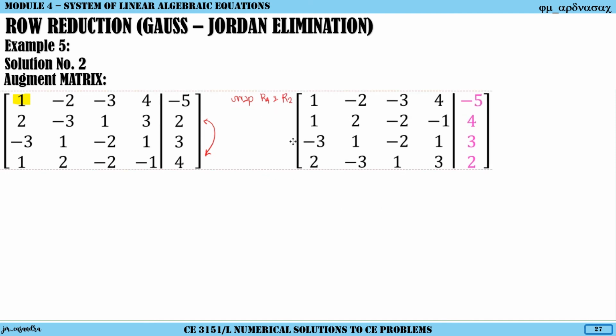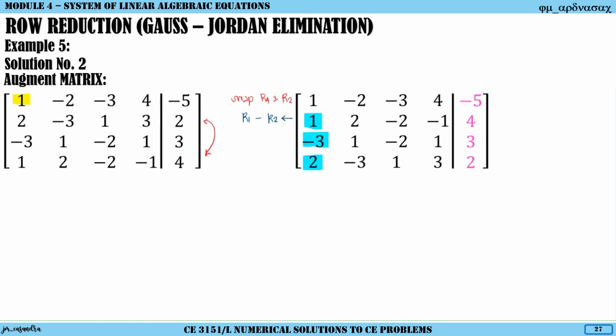Okay. So once we have swapped or interchanged our two rows, what we do now is to eliminate the elements under column 1. So for this, we write it as R1 minus R2.